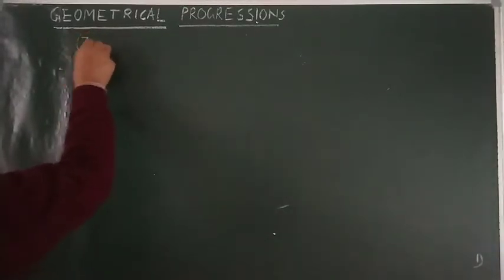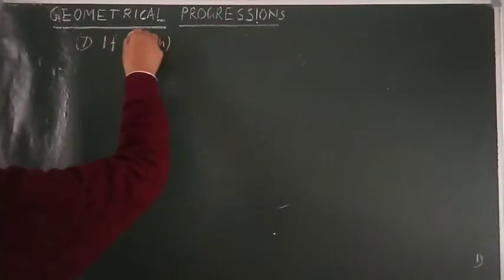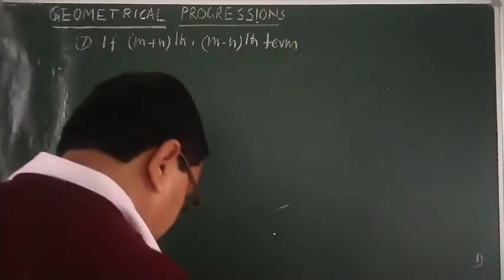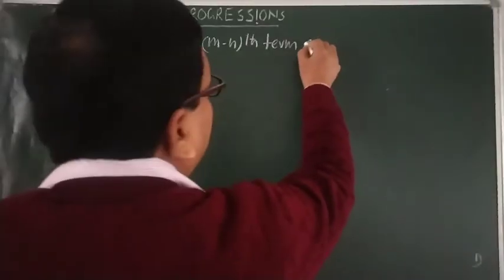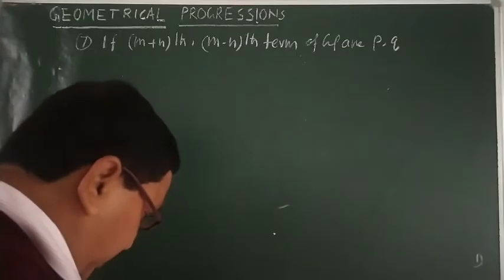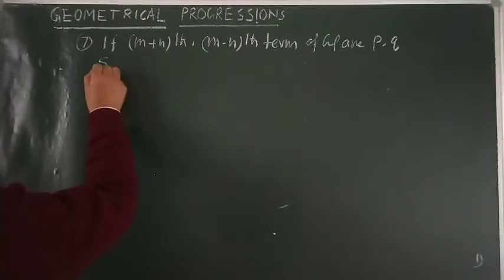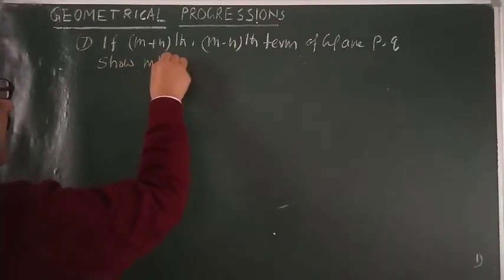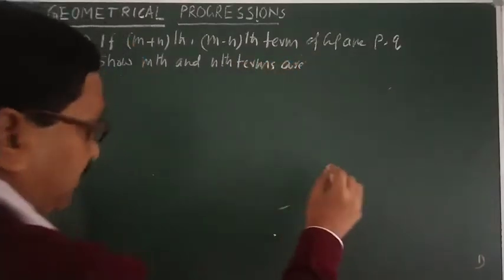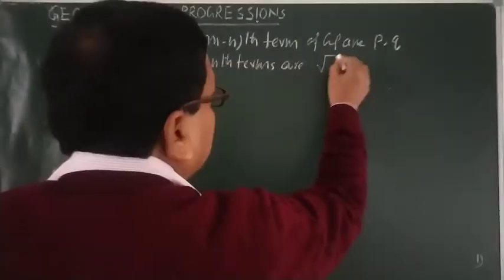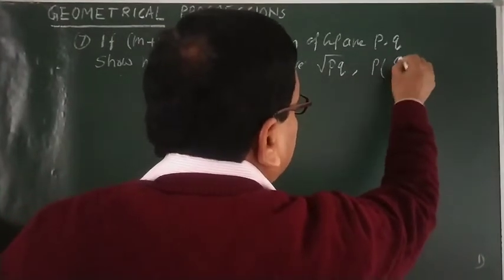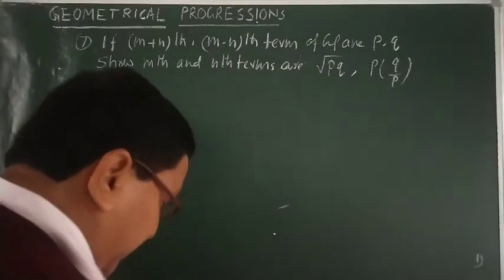If the (m plus n)th and (m minus n)th terms of a GP are P and Q, then show that the mth and nth terms are root PQ and P times (Q by P) whole to the power m by 2n.